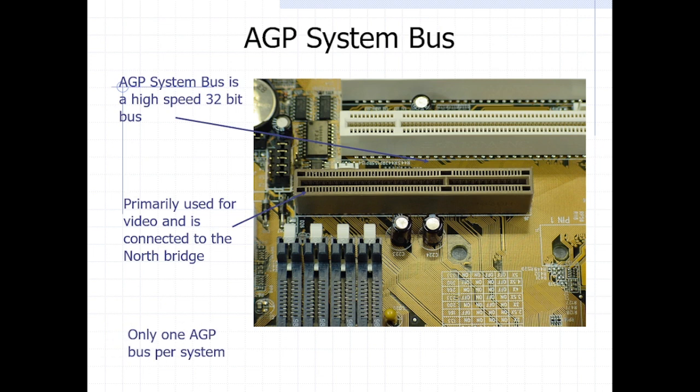It's used for video and it's connected to the North Bridge. The North Bridge is a chipset that assists the processor to indirectly communicate with other components, more so the AGP system bus. So the North Bridge here assists the processor in coordinating other additional processing activities.